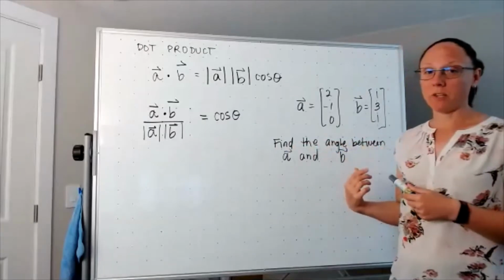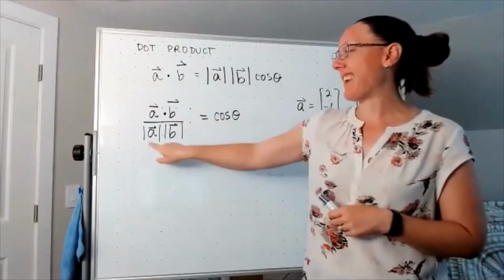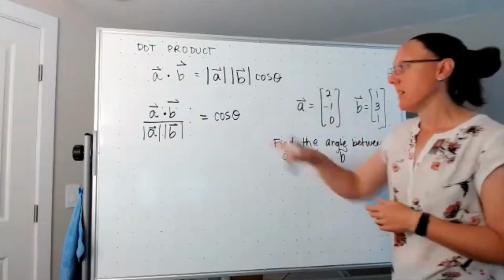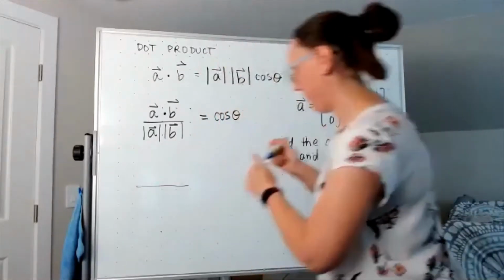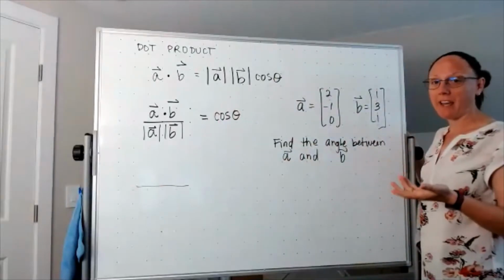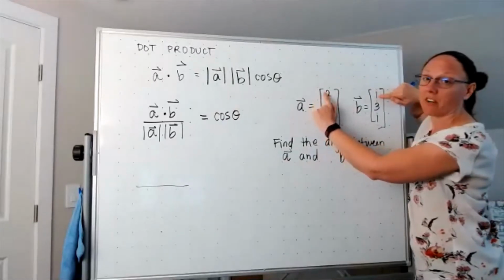To find the angle between A and B, I'm going to have to compute a dot product and compute each of the magnitudes. So let's start with the dot product. When I take the dot product between A and B, mechanically, I multiply the two x values together.